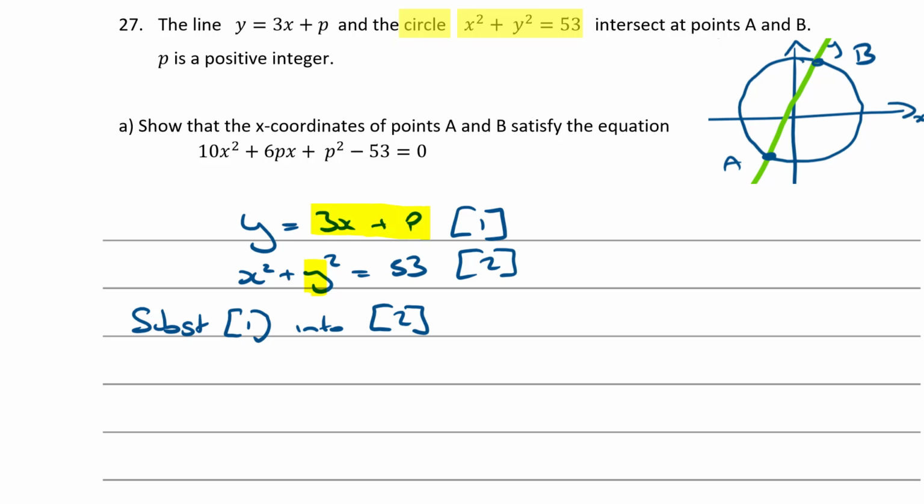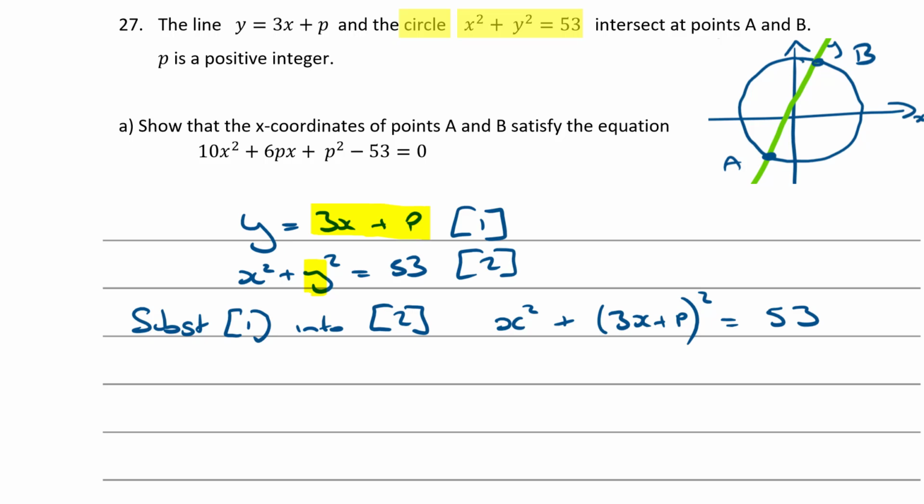Okay, so what I've highlighted in yellow in the first equation is going to go into that second equation there. So I'm going to get x squared plus y squared, in other words 3x plus p all squared, is equal to 53.